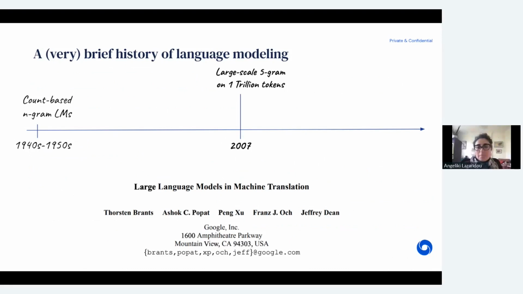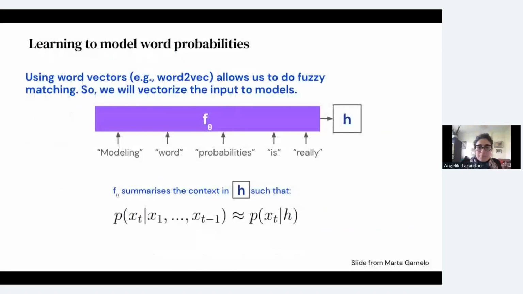So thinking about how to improve things, probably you've already heard in previous tutorials that using word vectors, things like word2vec, is a neat way that can allow us to do fuzzy matching between words.